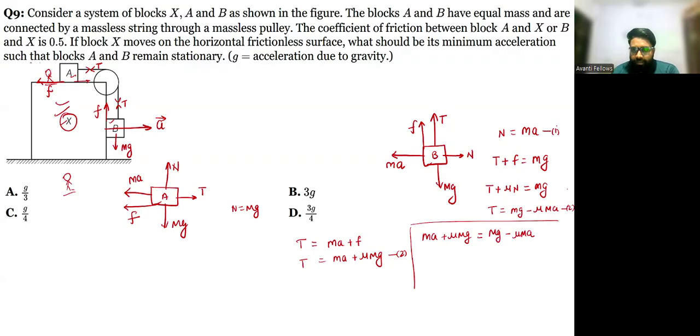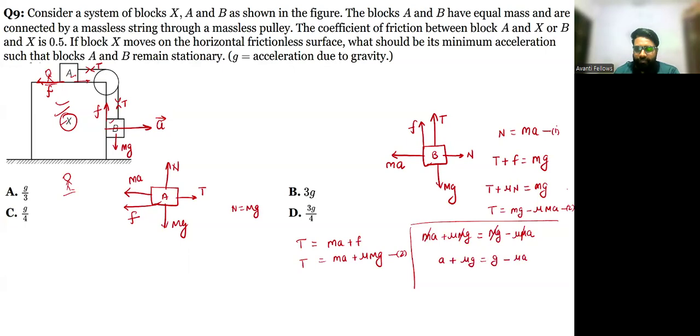Now you take the mu m a to this side and ma to this side, because we want to know the value of a only. You can cancel the m from each side. So it will be a plus mu g is equal to g minus mu a.